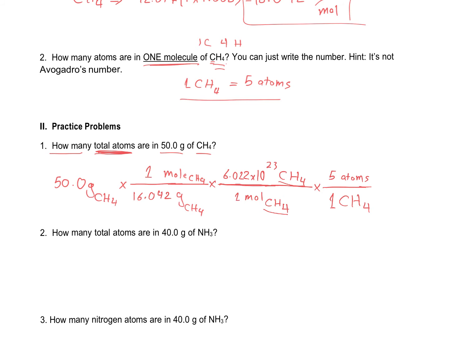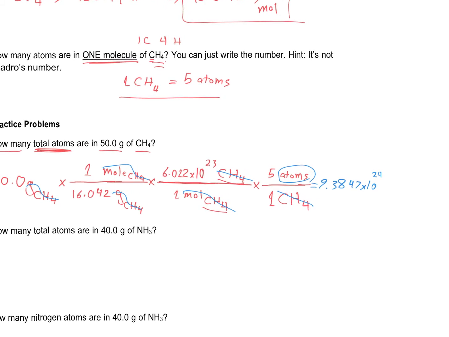Gram of CH4 with gram of CH4, mole of CH4 with mole of CH4, and number of CH4 with number of CH4, and we have number of total atoms. So the rest is just putting these numbers in the calculator, and that is 9.384 times 10 to the 24 atoms.